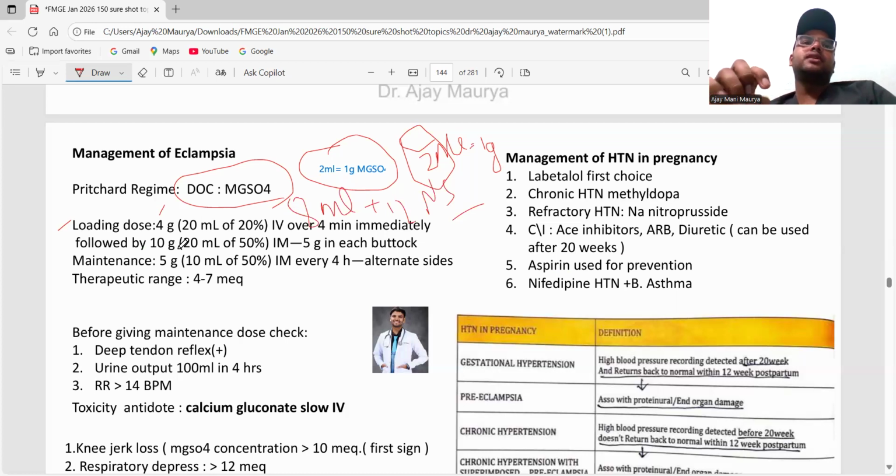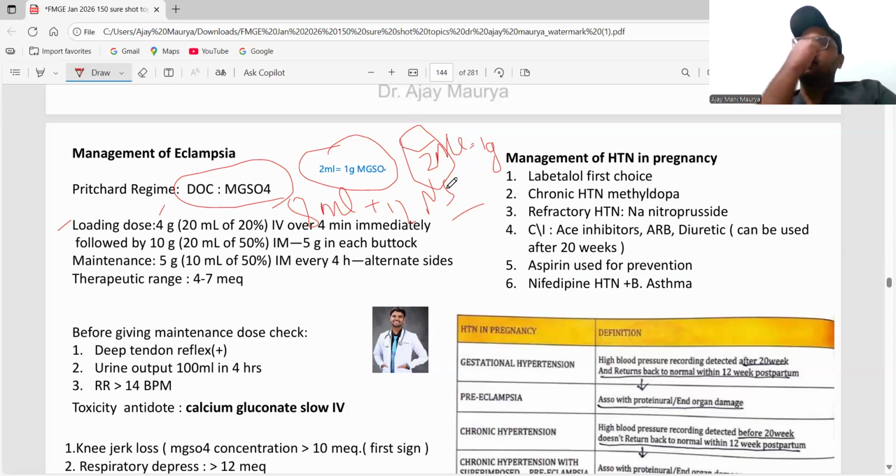So you have to break the 20 ampoules, which gives you 10 grams of MgSO4. The total is 20 ml.